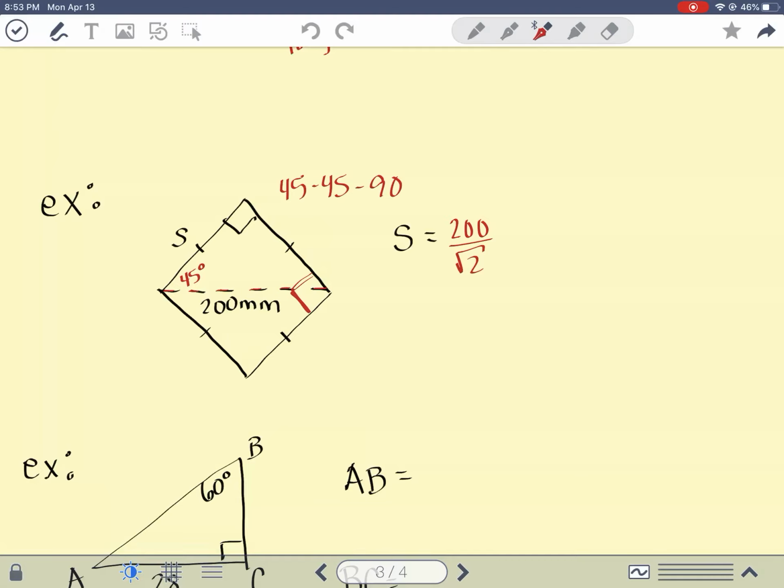Now, there are two ways that you might see this. It might say, just give a rounded answer. If it says to just give a rounded answer, then you just do 200 divided by the square root of 2. You can just type that into your calculator, which I'm trying to do right now.